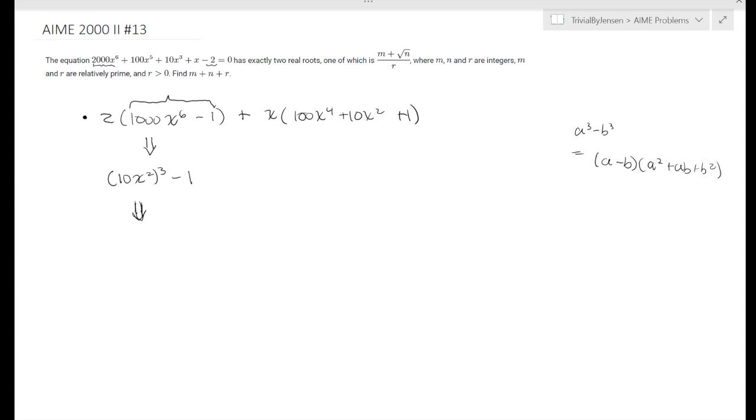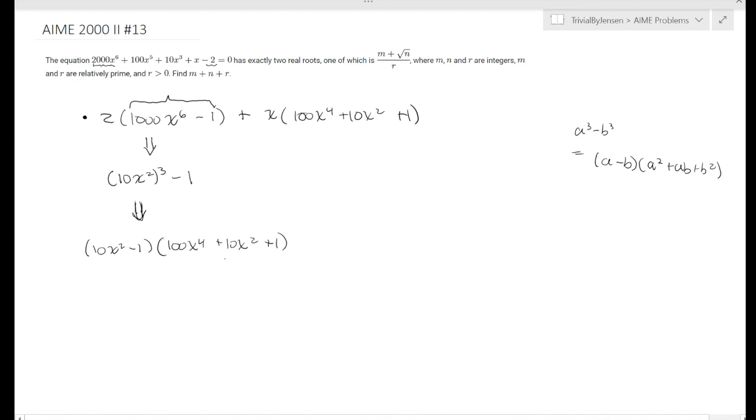So we'll just apply that here. So we have 10x squared plus 1, or whoops, that should be minus 1, times 100x to the 4th plus 10x squared plus 1.